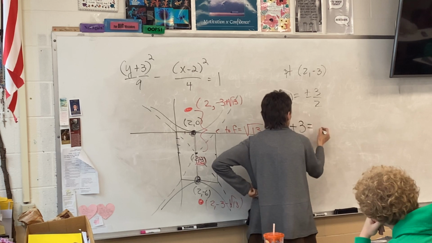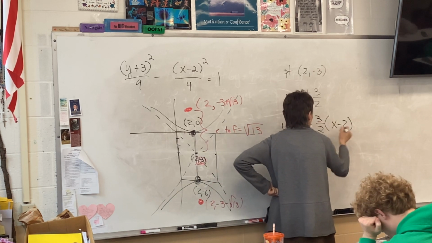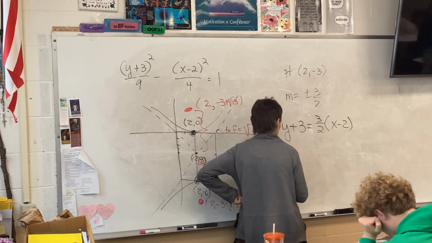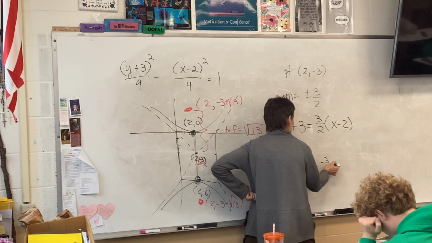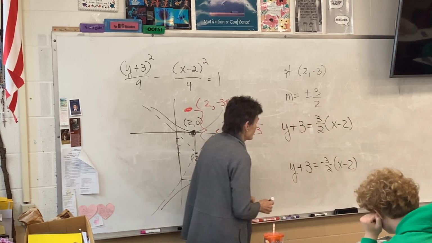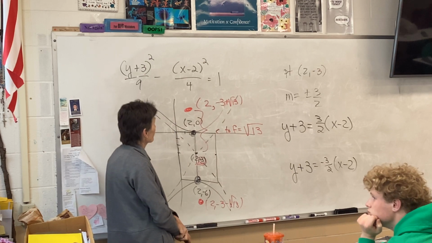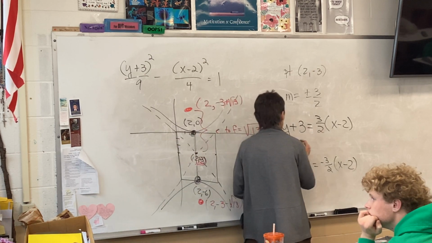Y minus the y coordinate equals slope times x minus the x. Y minus the y coordinate equals the other slope times x minus the x. So we'll distribute.